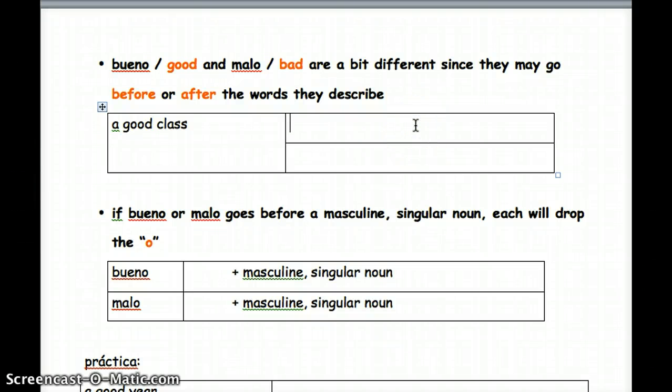You can do what you want. So a good class, we could follow the pattern that I just showed you where you say a class good, una clase buena, but you could also put buena in front of class. Una buena clase. And there it's going to be the very same word order that we have in English.